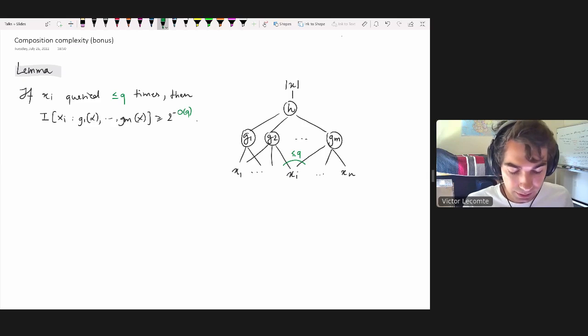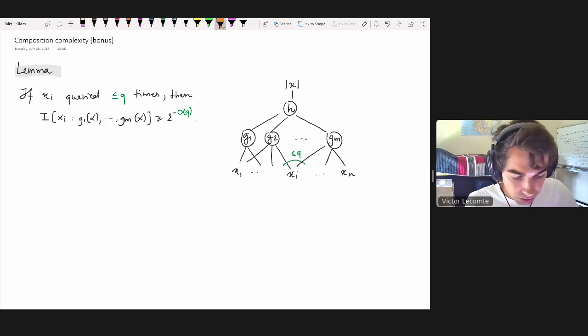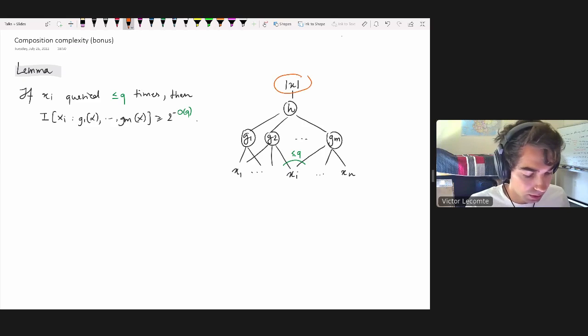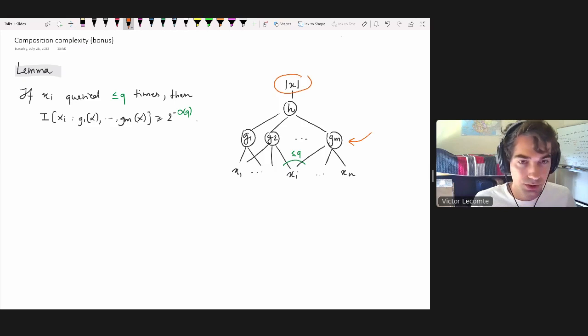Okay, so we have this lemma. The idea is that we assume we have some kind of circuit that computes the Hamming weight of its input bits, and it has a structure. There's a bunch of sub-functions, g1 through gm, and then there's a combining function h.